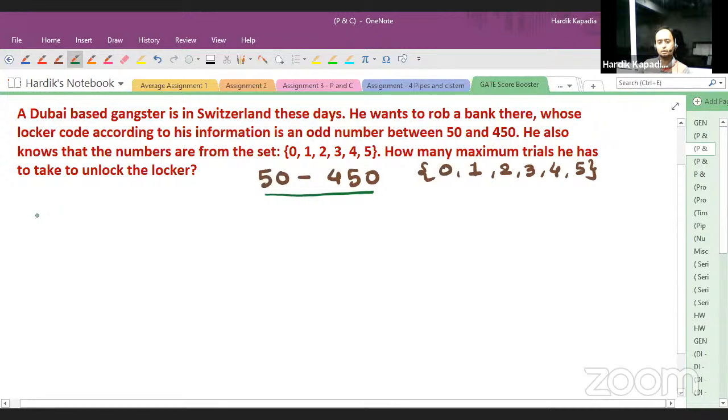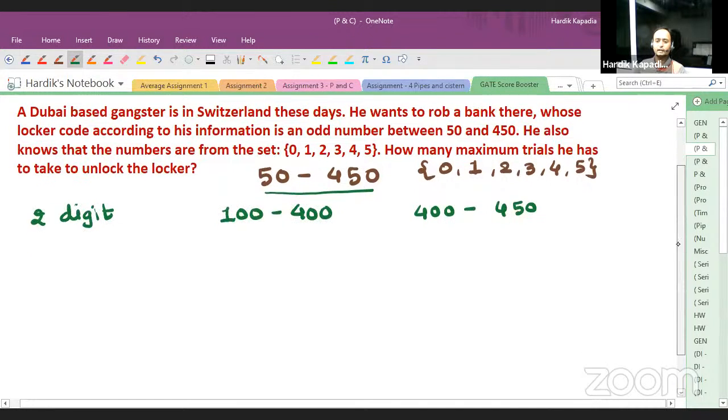The first set is two-digit numbers, and the other set is three-digit numbers, but I'm dividing it into two different zones, that is from 100 to 400 and from 400 to 450.